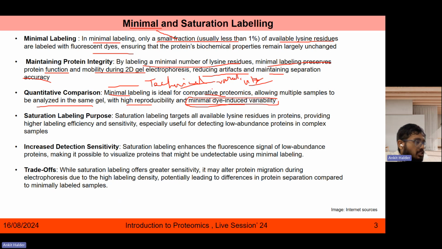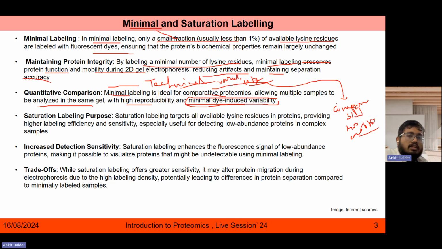Comparative proteomics, if you understand the term, is to compare, that is, comparison between two conditions.